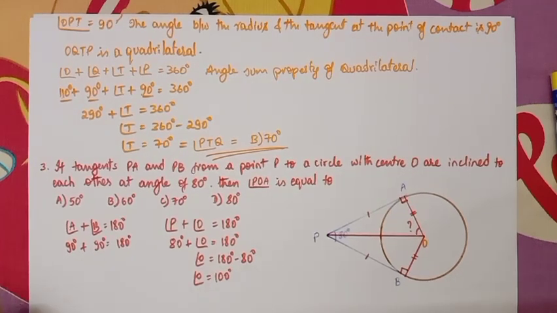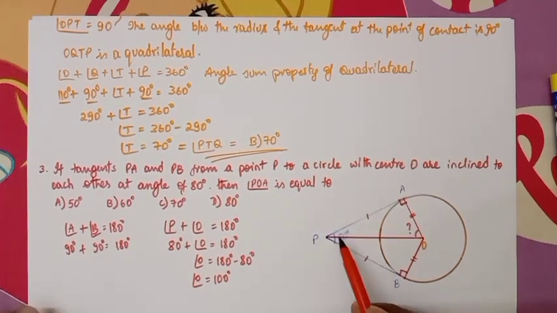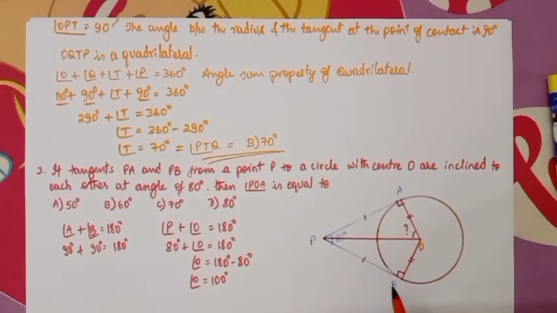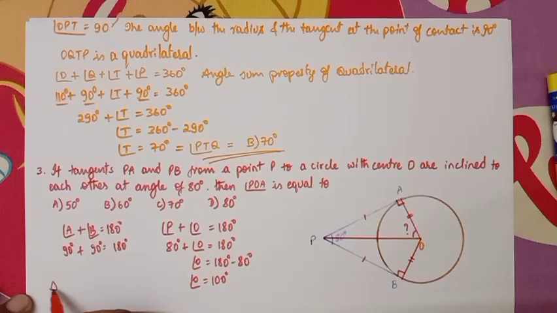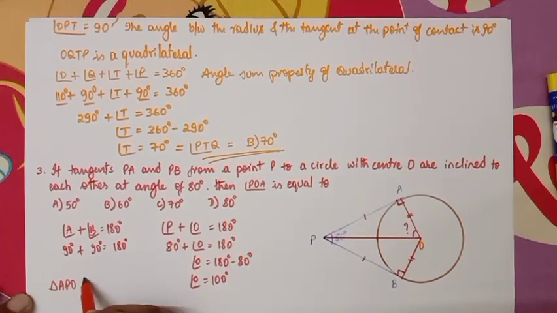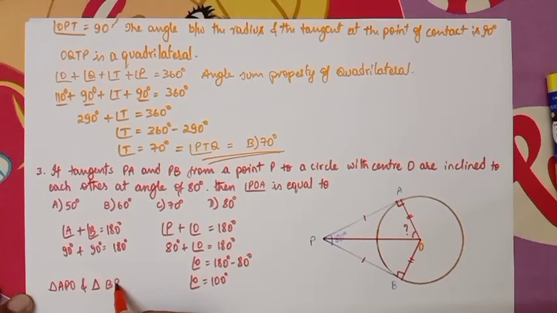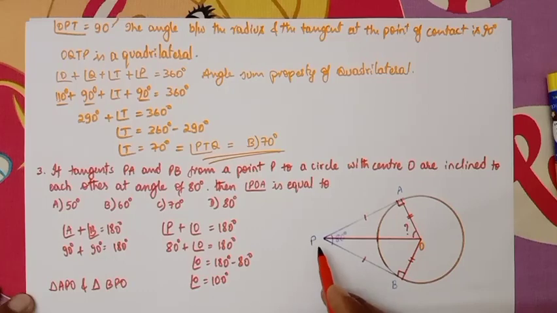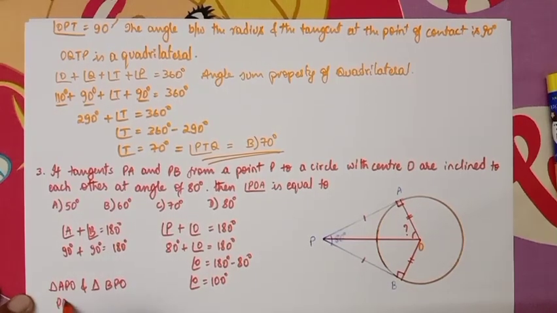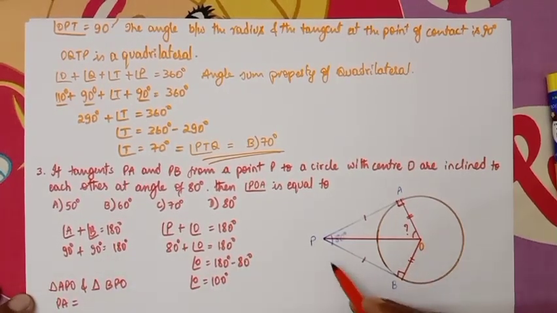Yes, right? 100 degree. So you should understand here there are two triangles: triangle APO and triangle BPO. Here PA is equal to PB.